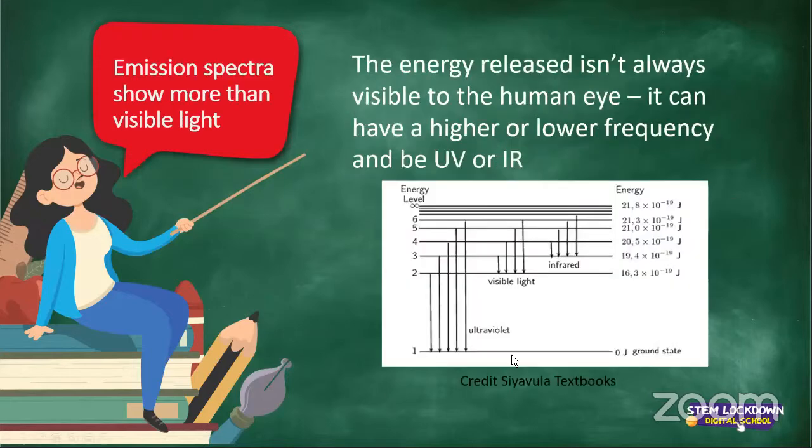We're going to use 21.0 times 10 to the minus 19 joules, which is the energy of level 5, and level 2's energy is 16.3 times 10 to the negative 19 joules. So we're going to find the change in energy first.